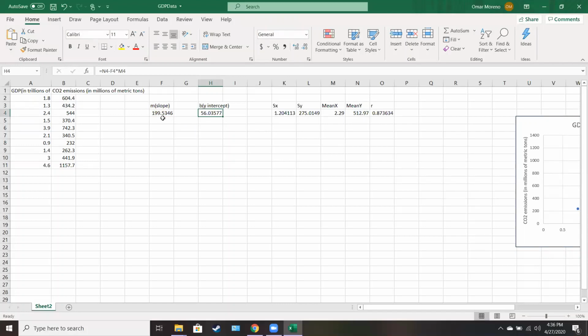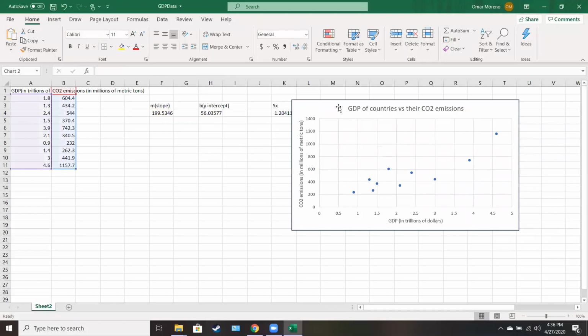Yeah, so y-intercept. That is my y-intercept. This is where my line will cross the y-axis, right? So when x is equal to 0, when I have a GDP of 0, which maybe isn't really realistic, that is probably bad if that's negative, right?